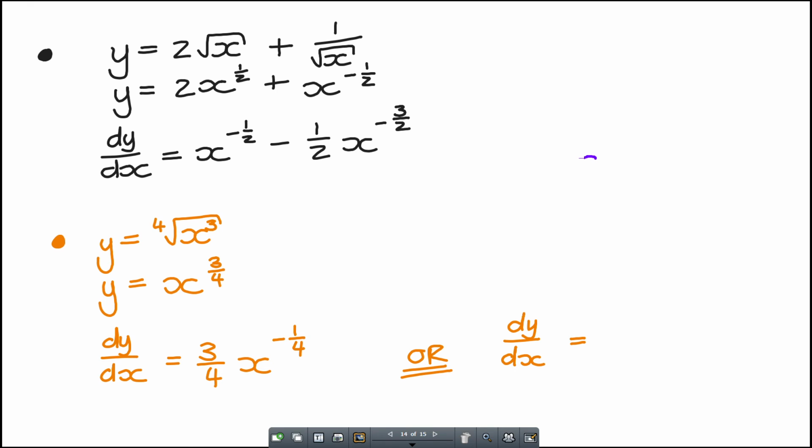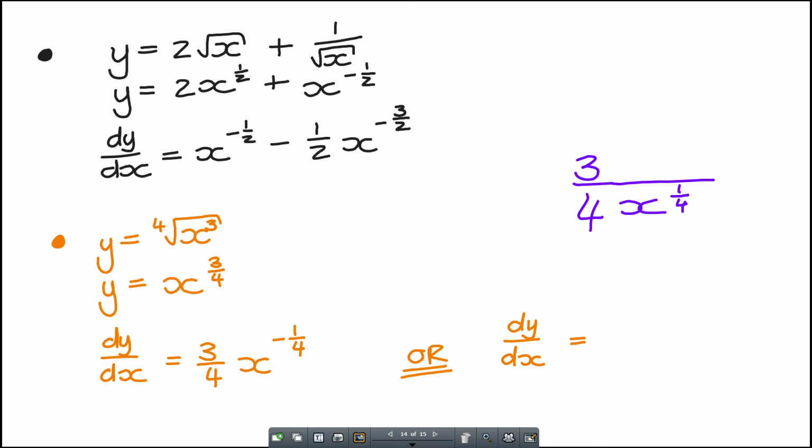So that's 3/4 x to the power of minus 1/4. I said that we can actually put it up here, no? Okay, but now I want that positive, so I throw it down. Okay, so it will then look like this. x to the power of positive 1/4.